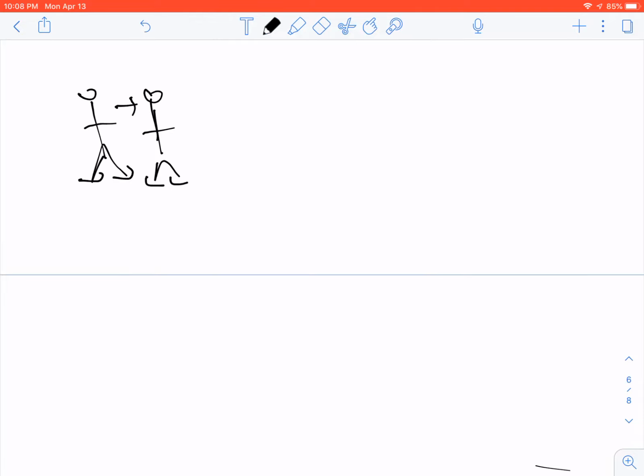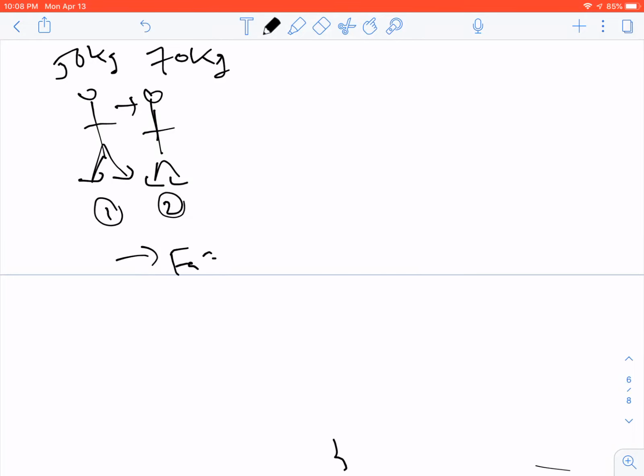The person on the left has a mass of 50 kilograms. That's person number one. The person on the right has a mass of 70 kilograms. That's person number two. And the applied force being used here is 70 newtons east. I'm just going to use 70 newtons, and I'm going to use this direction.